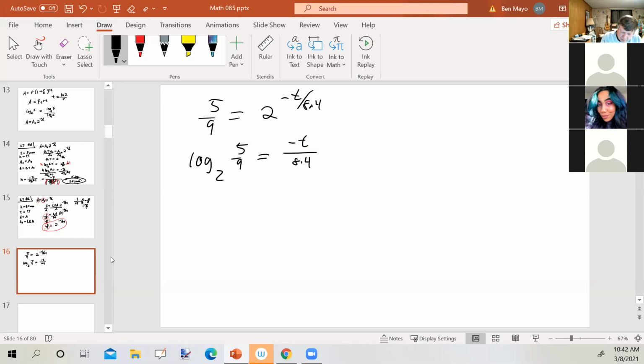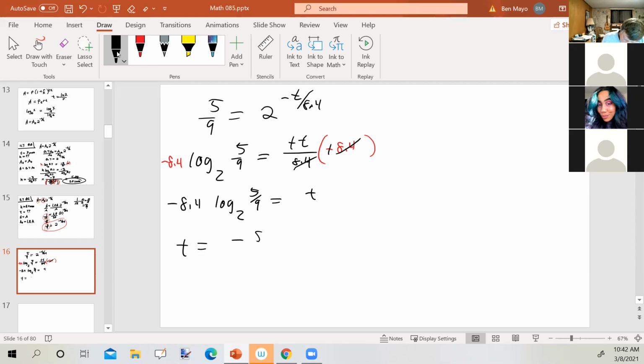Okay. To solve for t, I'm going to multiply both sides by negative 8.4. So on the left, I get negative 8.4 log base 2 of 5/9. On the right, I get t because the 8.4s go away and the negative times negative is positive.